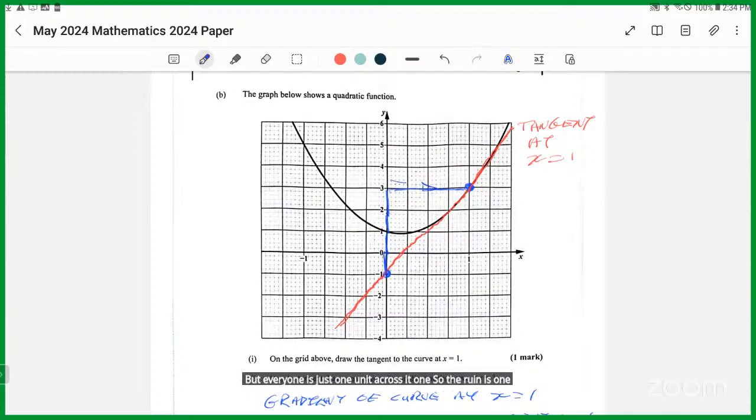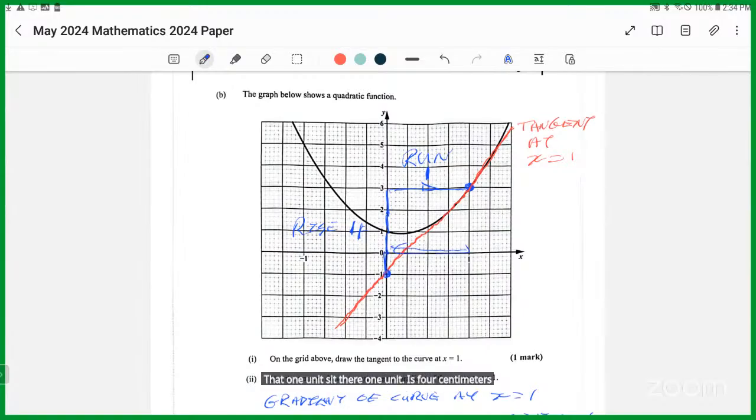This is 4 squares, but the 4 squares correspond to this 1 unit out here. So the run is 1 unit and the rise is 4 units. That is the rise, and this is the run between those 2 points. The scale on the x-axis is 4 centimeters to 1 unit.